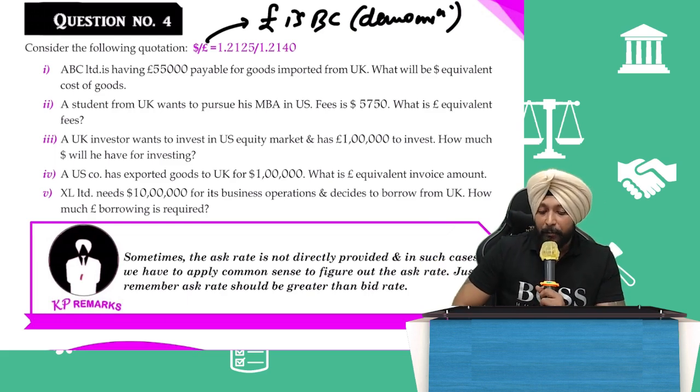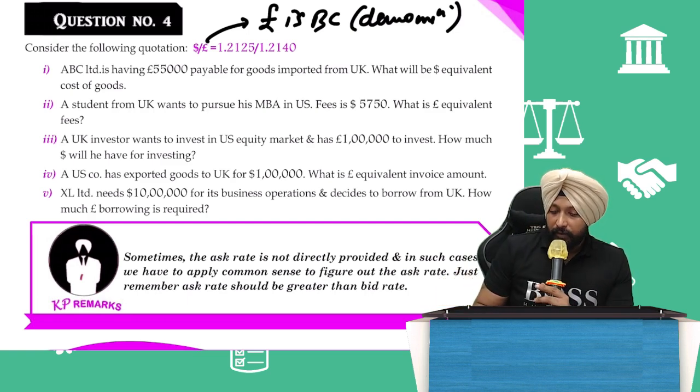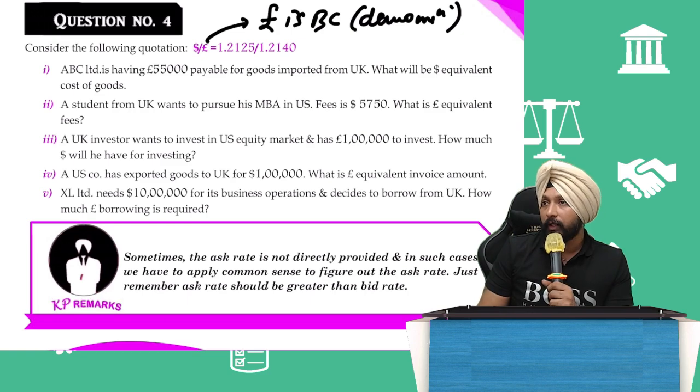First situation, ABC Limited is having pound 55,000 payable for the goods imported from UK. ABC Limited is one entity in US. They have imported goods from UK and for those goods they have to pay pound 55,000. What will be dollar equivalent cost of goods?